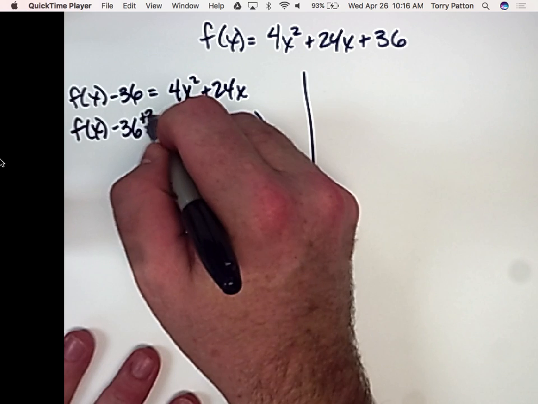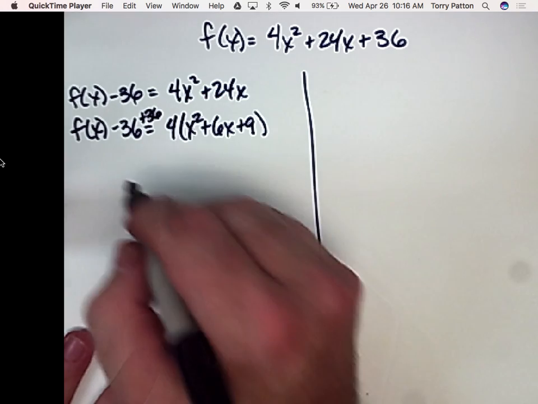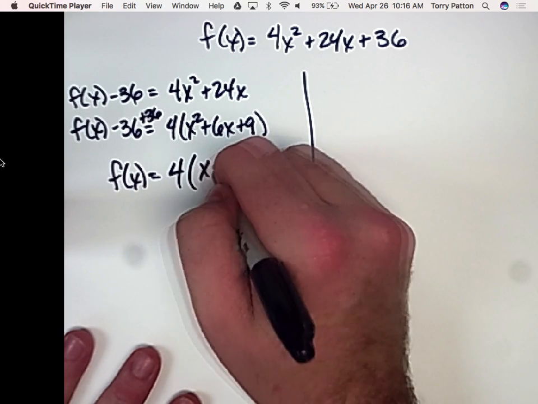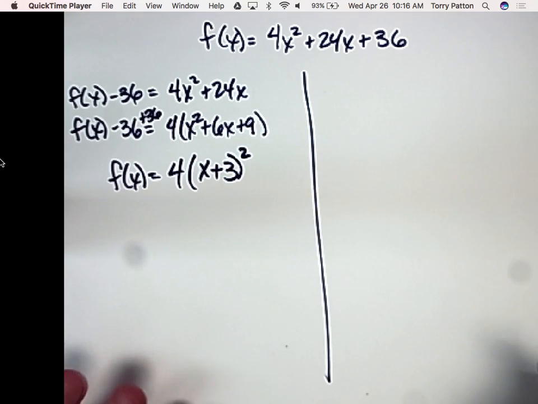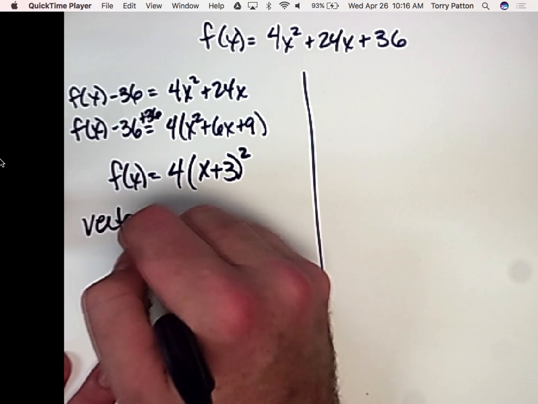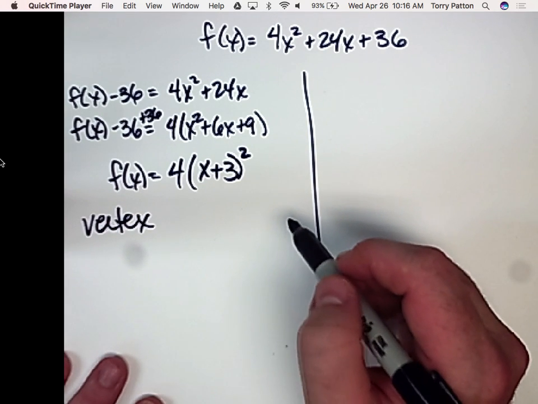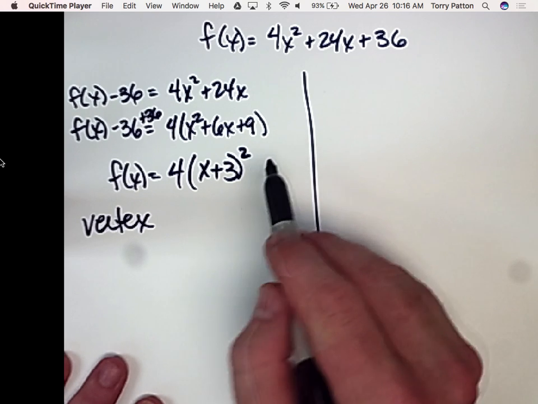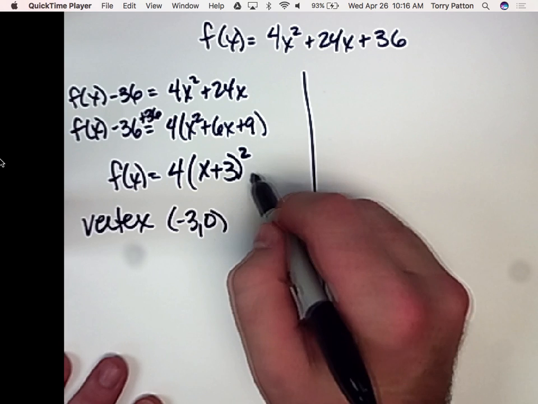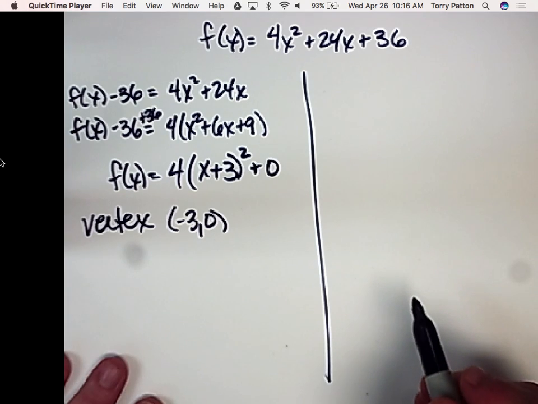So we add 36 over here, which just gives us f of x equals 4 times x plus 3 squared. So what is the vertex? Negative 3, 0. Change the sign of inside, keep the sign of outside.